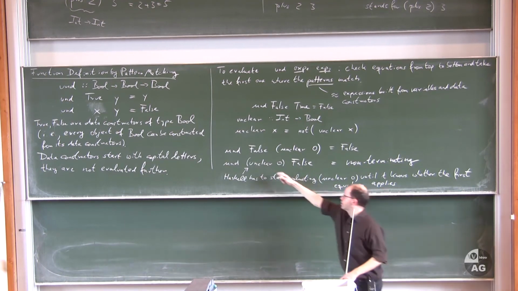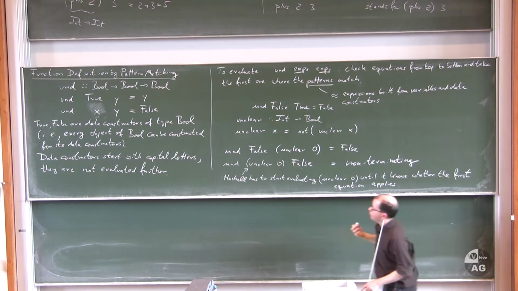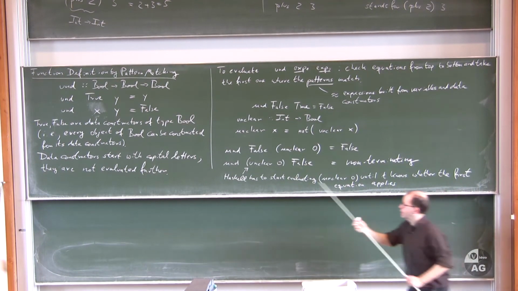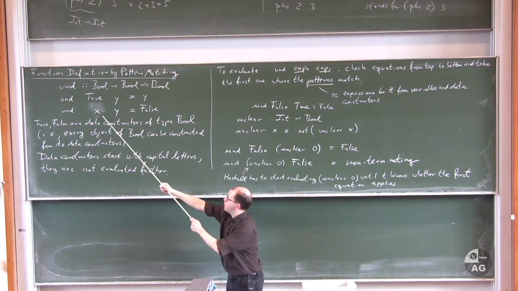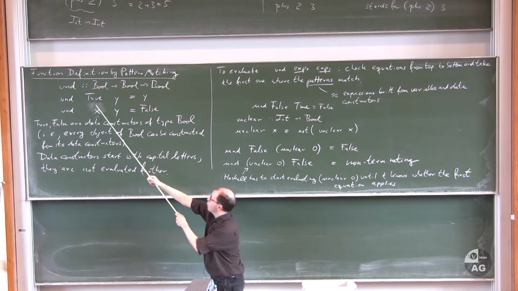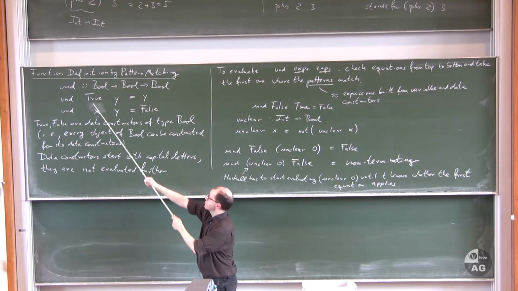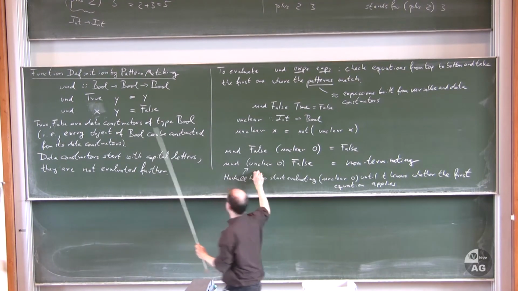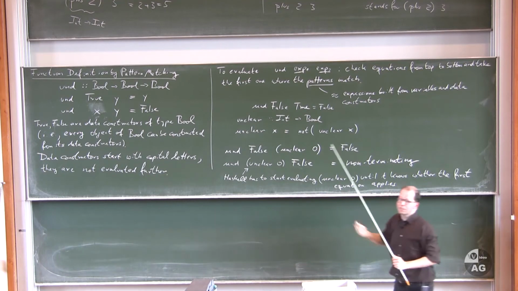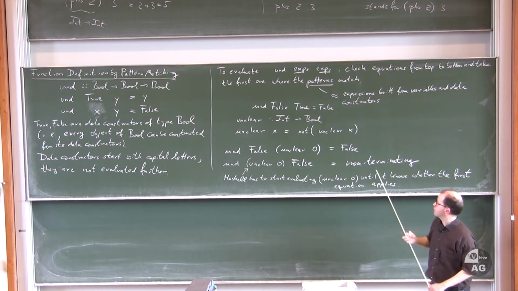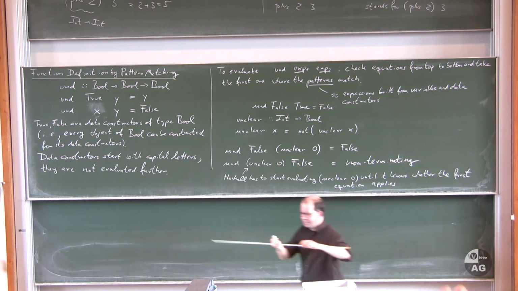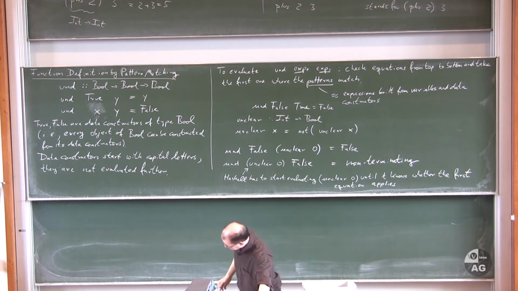It would not evaluate this at all, because it only has to evaluate to find out whether the pattern matches this argument. And x matches anything. A variable matches anything, but this only matches the value true. And so that x matches unclear 0 is clear, but whether true matches this, Haskell doesn't know, and so it starts evaluating, and it will never find out. So it's not terminating. So this is something to get used to.